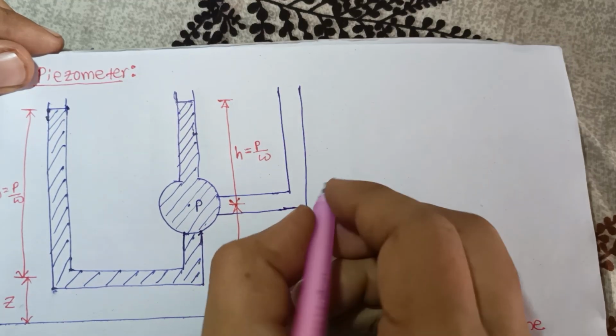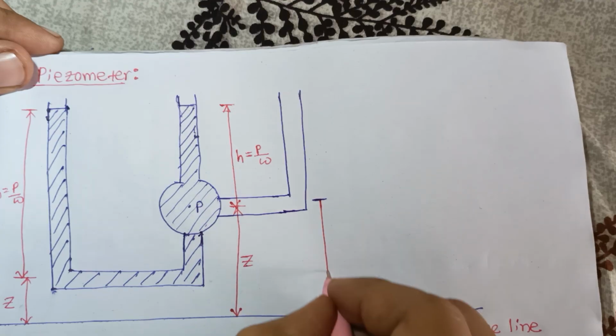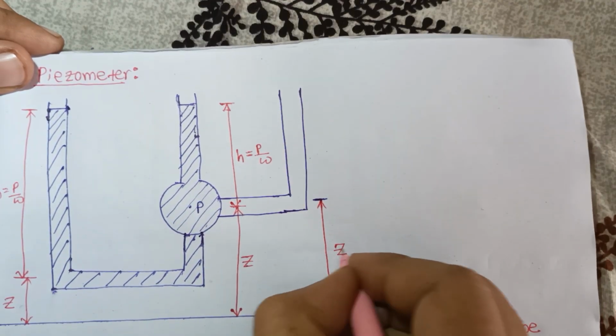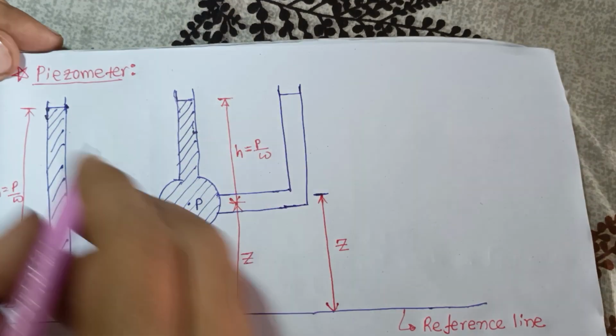So here to here the distance is z, and there is the same liquid level deflection.